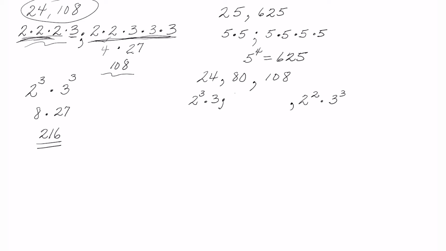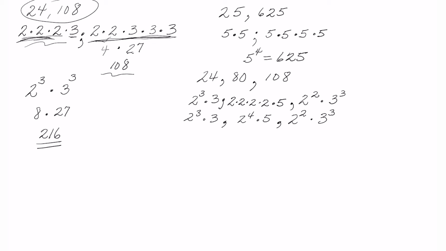Now we're left with 80. 80 is 2 times 2 times 2 times 2 times 5, so that's 2 to the fourth times 5. Then bringing down our others, we have 2 to the third times 3, and 2 squared times 3 cubed.